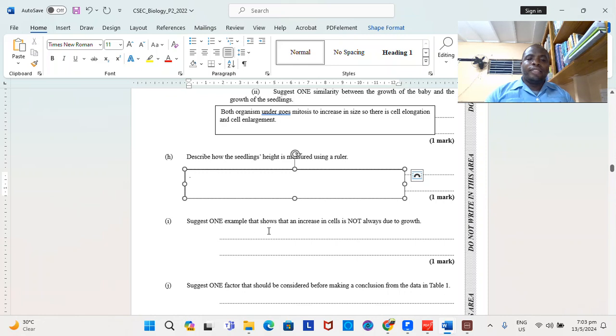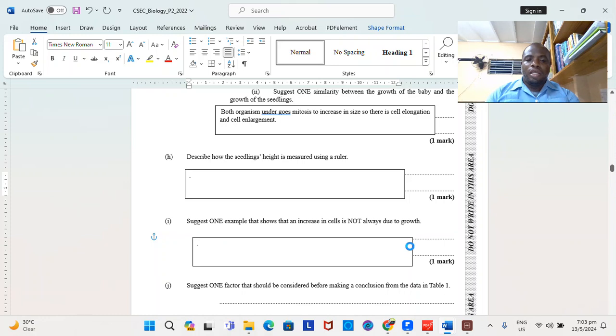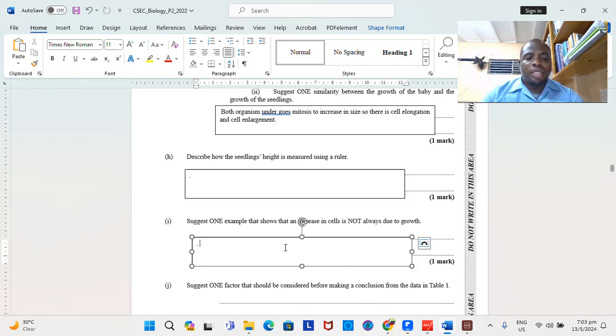So just one example that shows that an increase in size is not always due to growth. And I just made mention that not all the time when something increases does it mean that it grew. So growth is permanent.